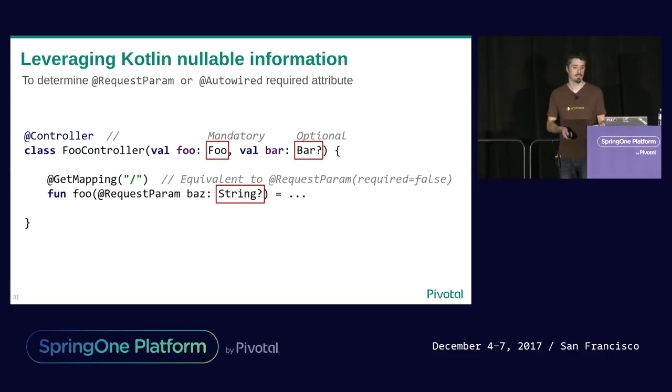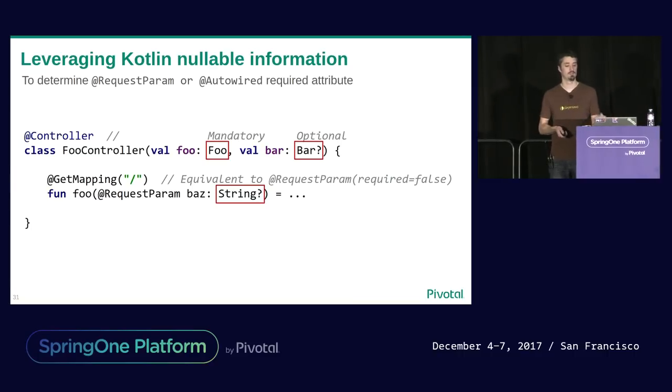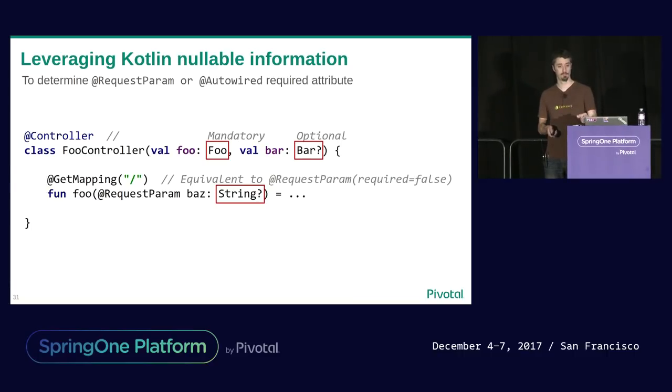And Spring Kotlin support will analyze the null safety of the type. So in that case, fooBean will be mandatory. If there is no fooBean, an error will be raised. And bar is nullable, so required is set to false by default. If there is no barBean, a null value will be injected. The same is available for @RequestParam. @RequestParam on a nullable String, for example, means that this parameter is optional.